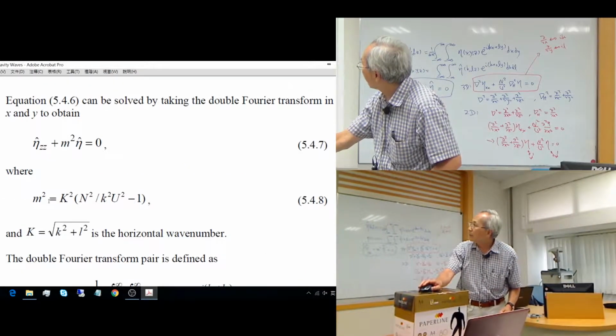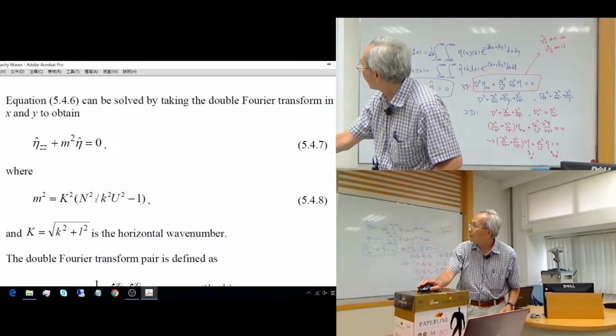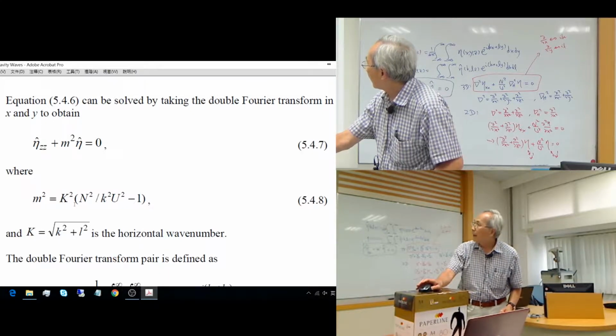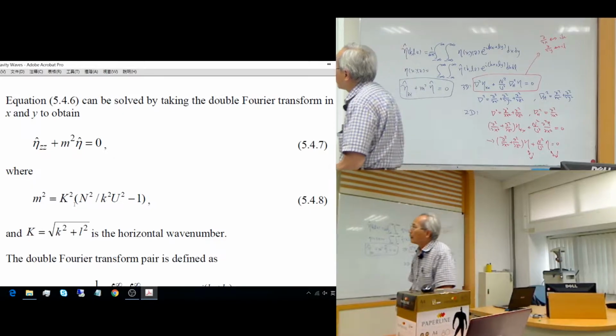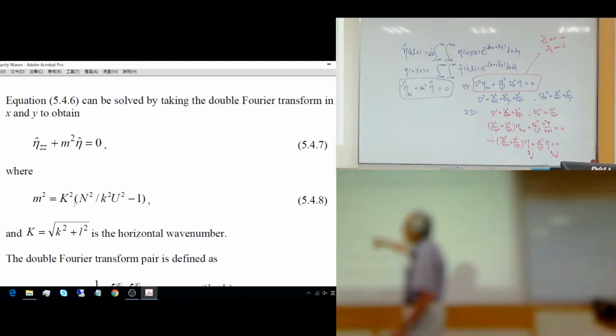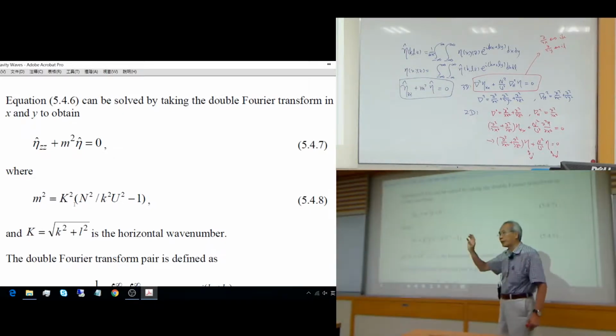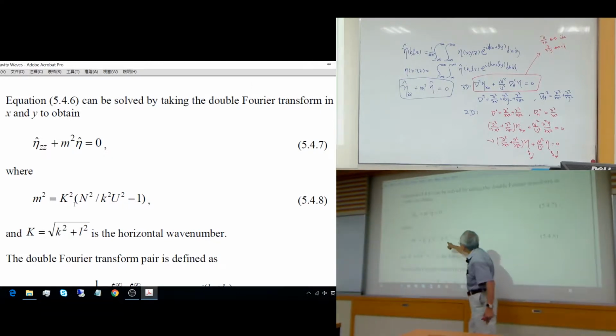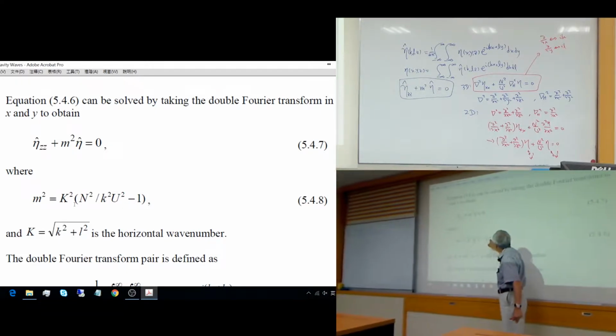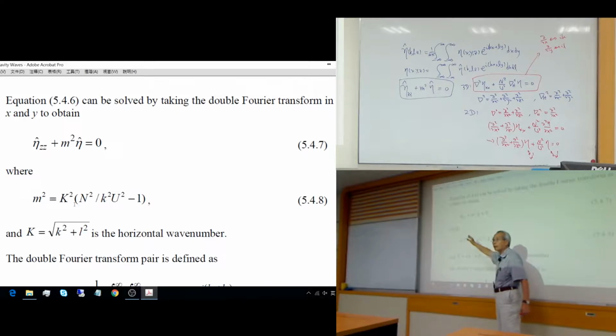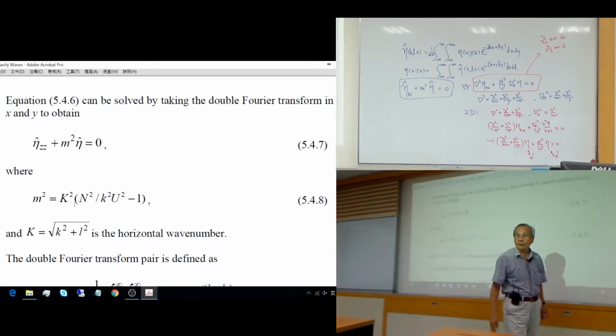So m squared will be equal to k squared times N squared over k squared U squared minus 1. You can check it also by setting capital K squared equal to small k squared. That means 2D, and that will reduce to the identical form as in the two-dimensional problem.